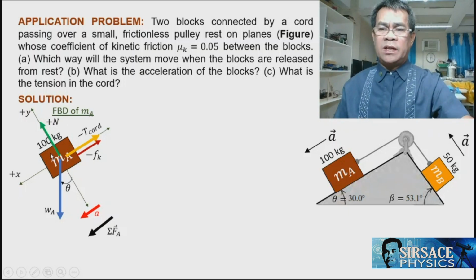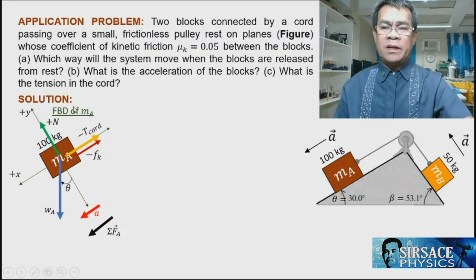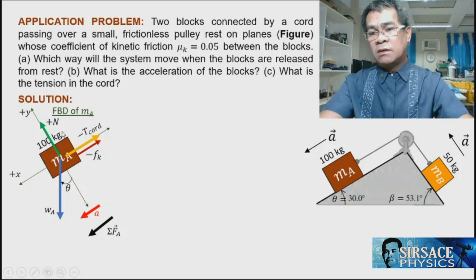We call this the free body diagram. A free body diagram is a vector diagram showing all forces acting on that particle. So there are only four forces: the weight, the normal force, the tension in the cord, and the friction.